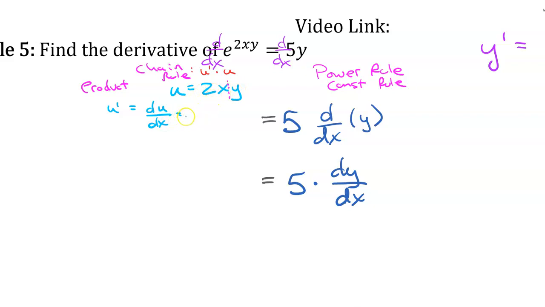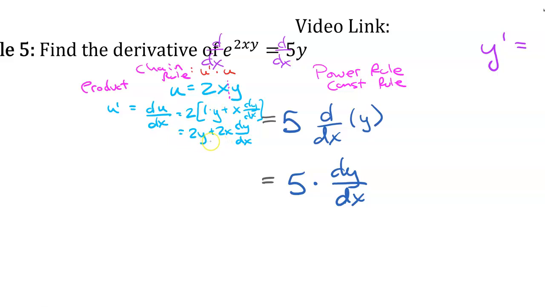I can push 2 out front. The product rule says f prime g plus f g prime. So that would be 2 times 1 of x, and then x, and then g prime in this case would be dy dx. So that would give me 2y plus 2x dy dx for that piece.